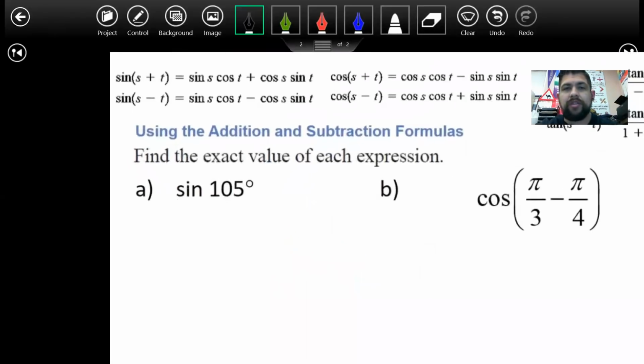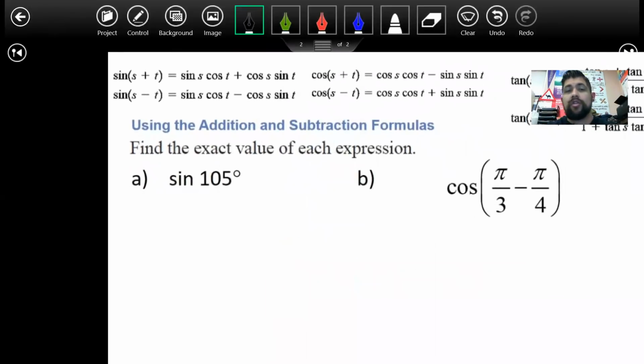Let's try out the next one. I'm just going to go through these. You can zoom ahead if you want to, or practice these one at a time. I would highly recommend you copy these and try to make sense of it. If you have any questions, remind me, and I'll be more than happy to get back to you. So I need to find two numbers on my unit circle that can add up to 105 or subtract out to 105. You can use either case.